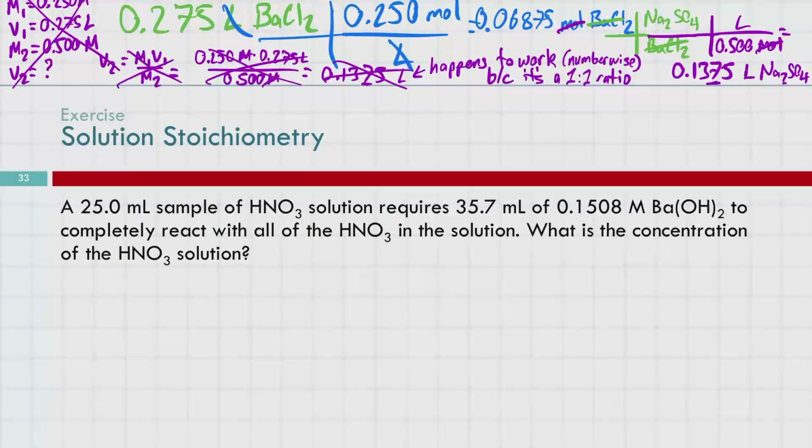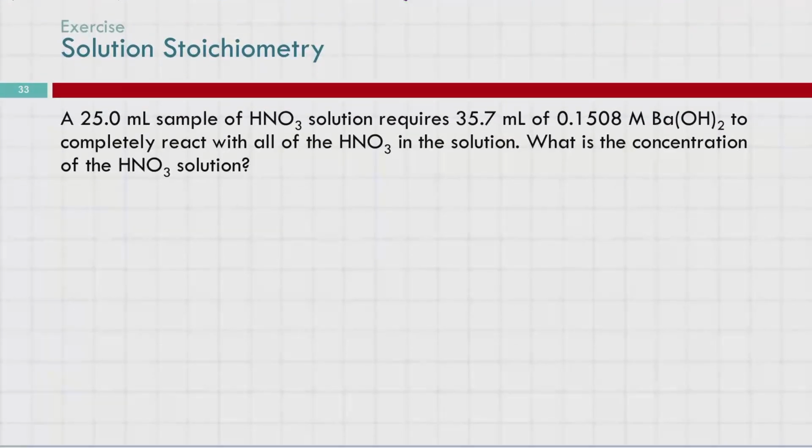Okay. Exercise. I'll give you some time to work on this. We haven't actually talked about acid-base neutralization reactions yet, so I'll give you the balanced chemical equation for this.